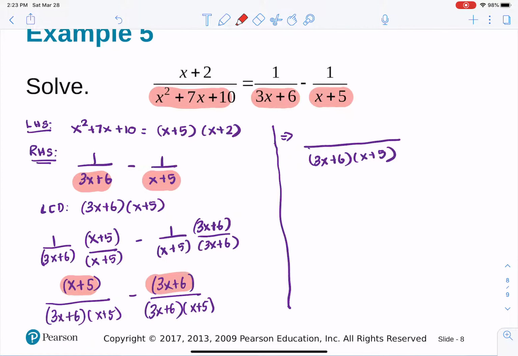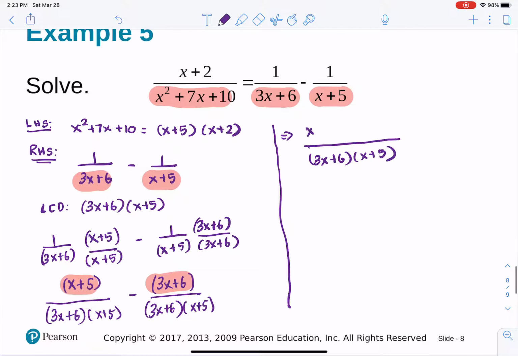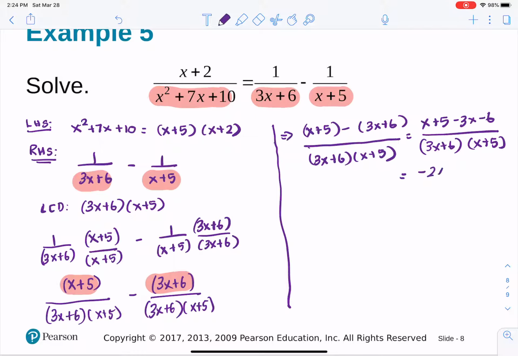We have x plus 5 minus 3x plus 6, which would give us x plus 5 minus 3x minus 6, divided by 3x plus 6 times x plus 5. x minus 3x is minus 2x, and 5 minus 6 is minus 1, divided by 3x plus 6 times x plus 5.